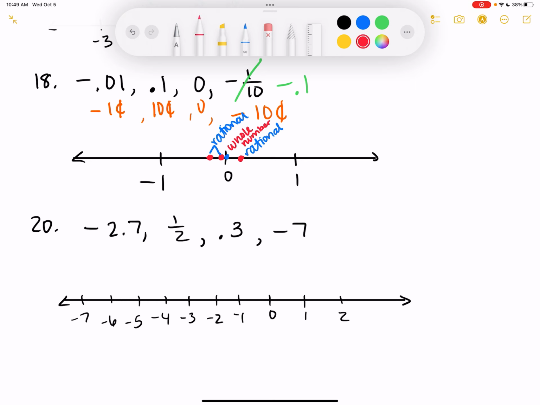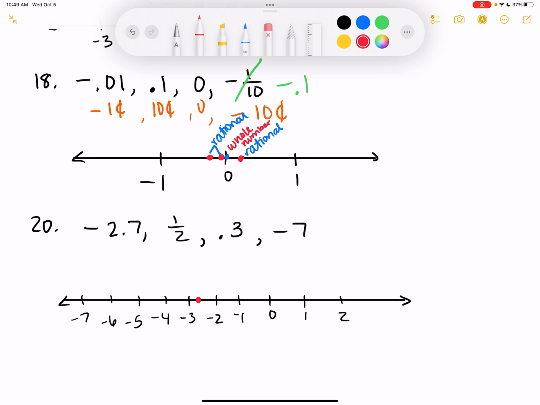All right, so where does the minus 2.7 go? In between minus 3 and minus 2. Yep. How about 1/2? Between the 0 and 1.